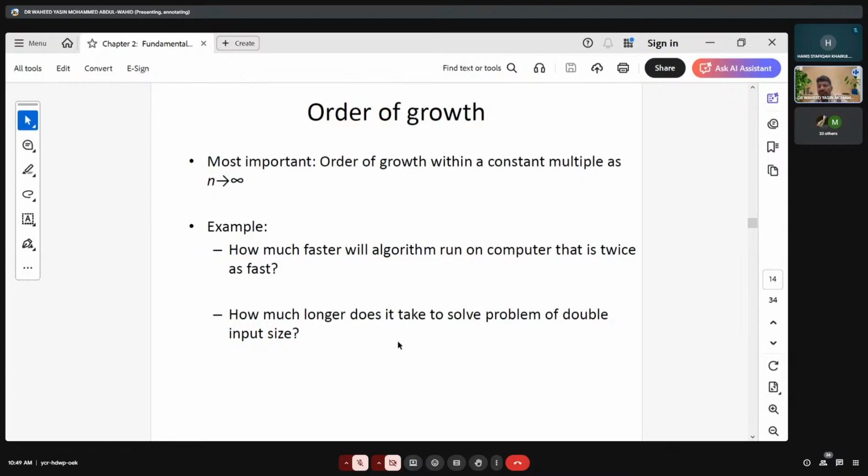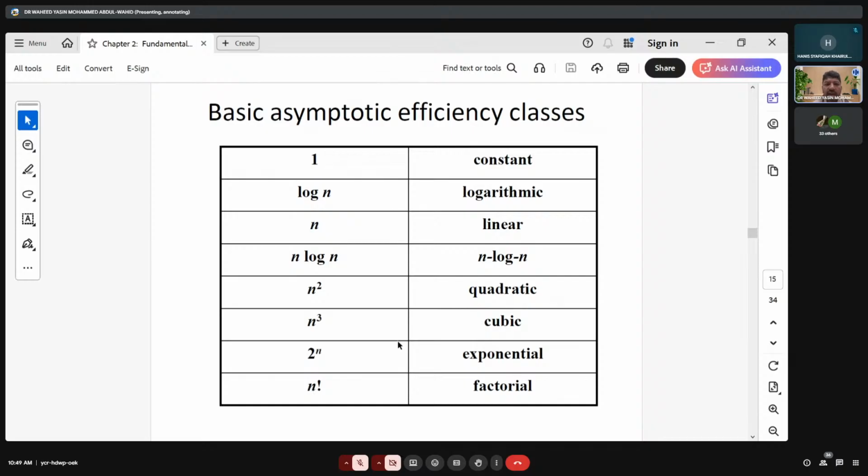If I have 1000 items and 2000 items, we see the behavior of the algorithm.